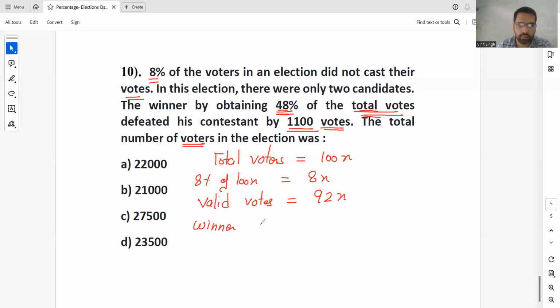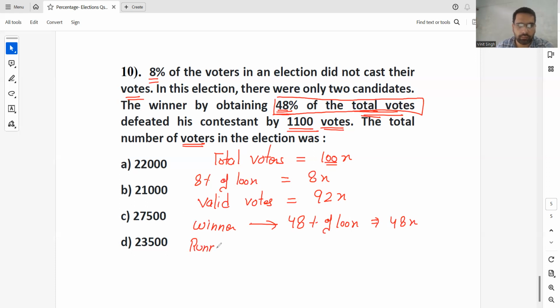The winner gets 48% of the total votes. How many votes will the winner get? 48% of 100x, not of the valid votes. In the question, it is given as 48% of the total votes, which is equal to 48x.